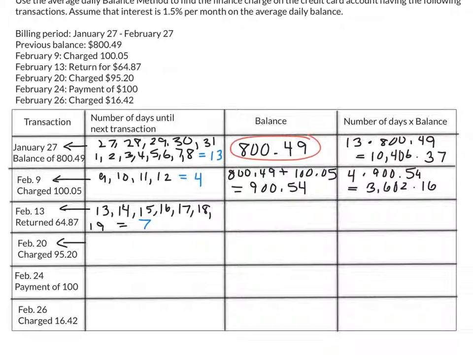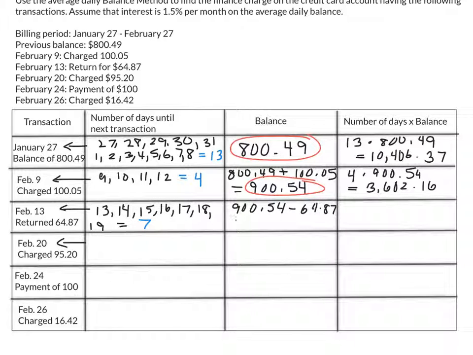Now our new balance is found by taking the balance in the previous row, which was $900.54. And on February 13th, we returned $64.87. So we're going to subtract any returns to get our new balance.